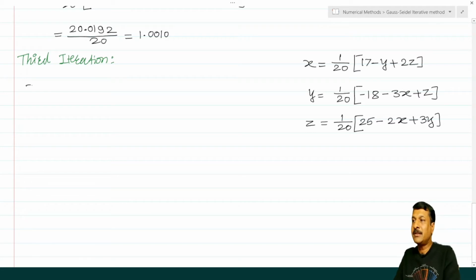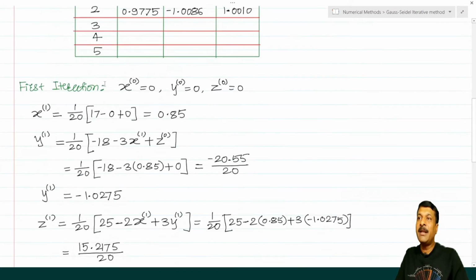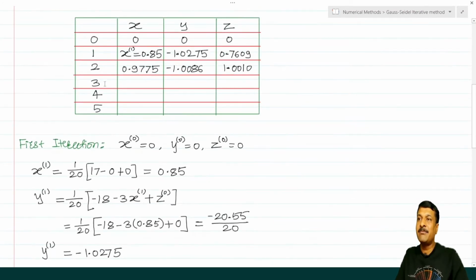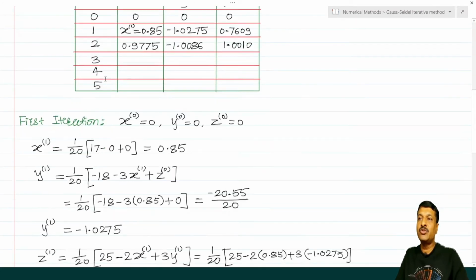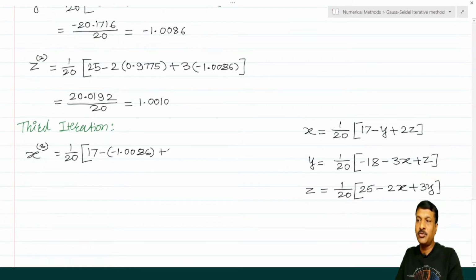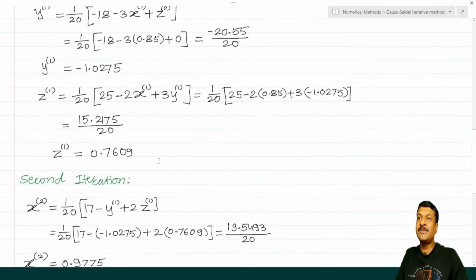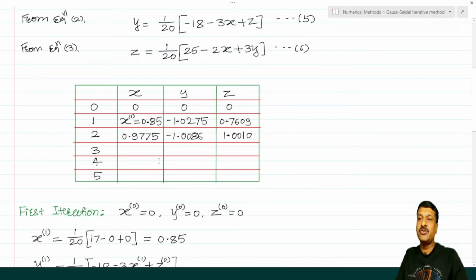So what is the third position of x? Again by this equation, that is equal to 1 by 20 in bracket 17 minus the recent value of y. By table I am getting the recent value of y is minus 1.0086, plus 2z. What is the recent value of z? By table 1.0010.